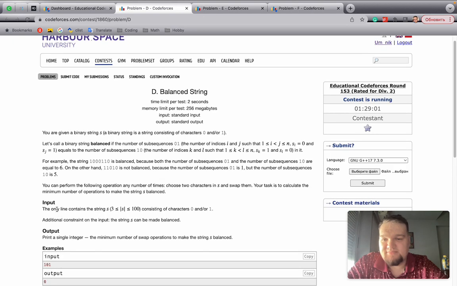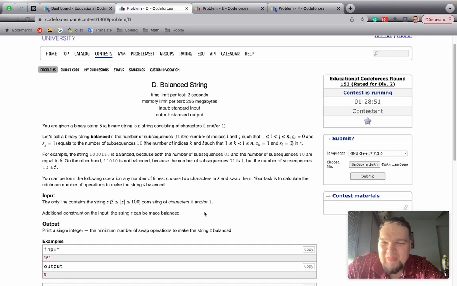Problem D. Given a binary string, the length is up to 100 and there are no multitests. Interesting. Kind of suspicious. Let's call a binary string balanced if the number of subsequences 0, 1 equals the number of subsequences 1, 0.